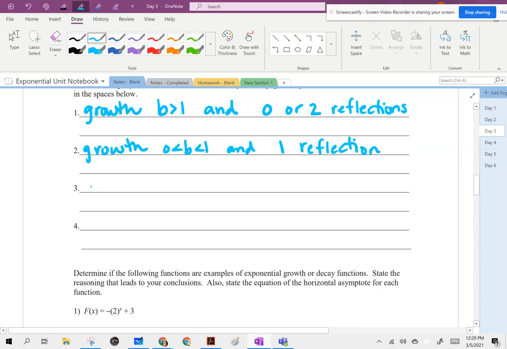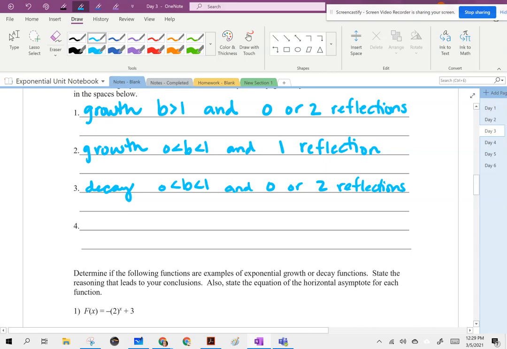So now let's take a look at decay. Normal decay is when the b value is between 0 and 1, but you just saw that if you have 0 reflections or 2 reflections, it still remains decay.